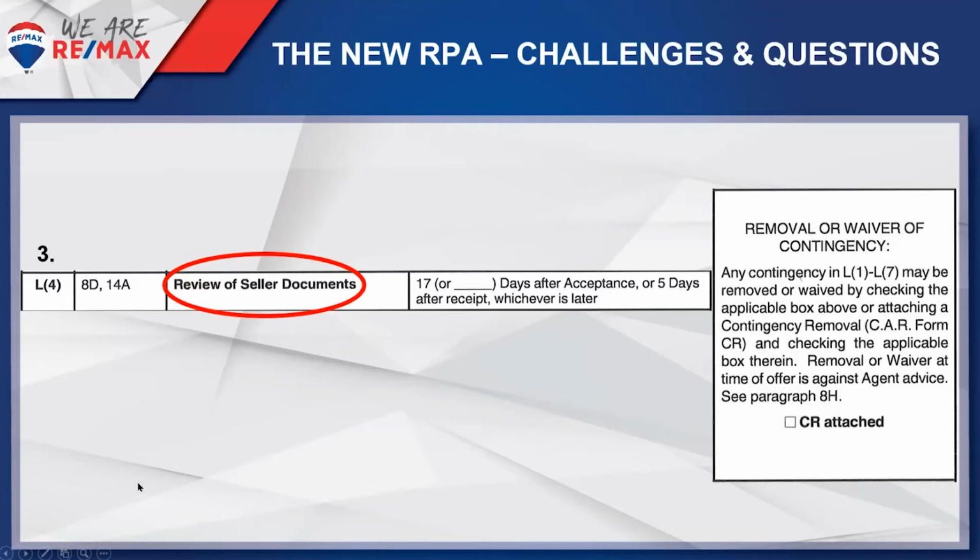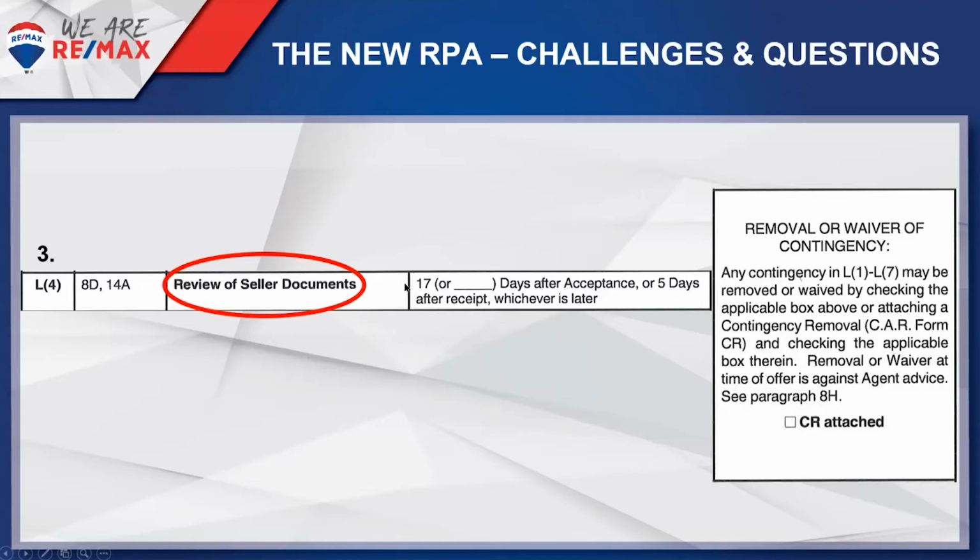No, you don't, with the exception of the statutory disclosures, because those can't be waived, like the TDS or the FHDS or the lead-based paint disclosure. But anything else, the SBQ, well, SBQ can be a part of the TDS, and that could be a problem. But in general, once you get seller documents, that doesn't reinstate contingencies.